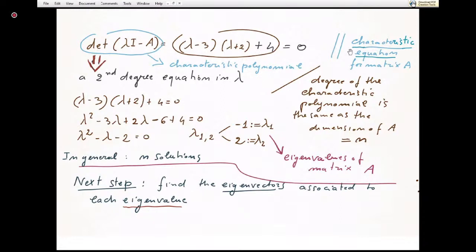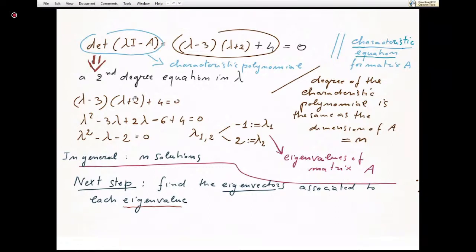So basically the characteristic equation for matrix A is a polynomial, an algebraic equation of the same order as the dimension of your matrix. A 3 by 3 matrix gives a third order polynomial, an equation of degree 3. In the case of a 2 by 2 matrix, we have a quadratic polynomial and a quadratic algebraic equation, okay?